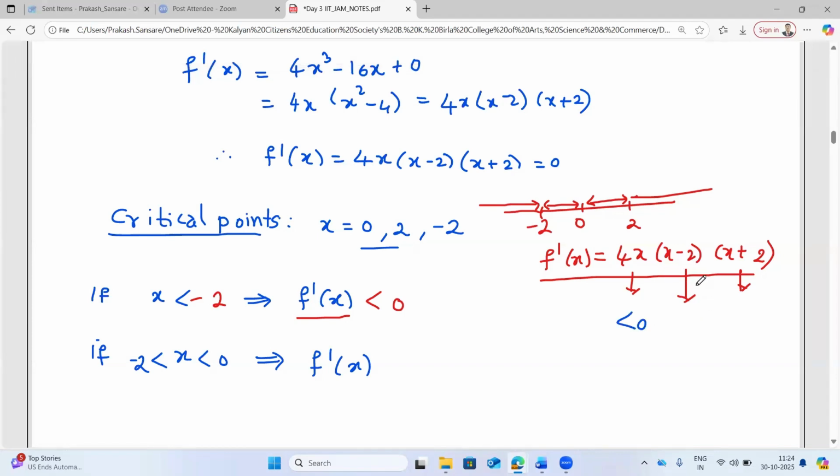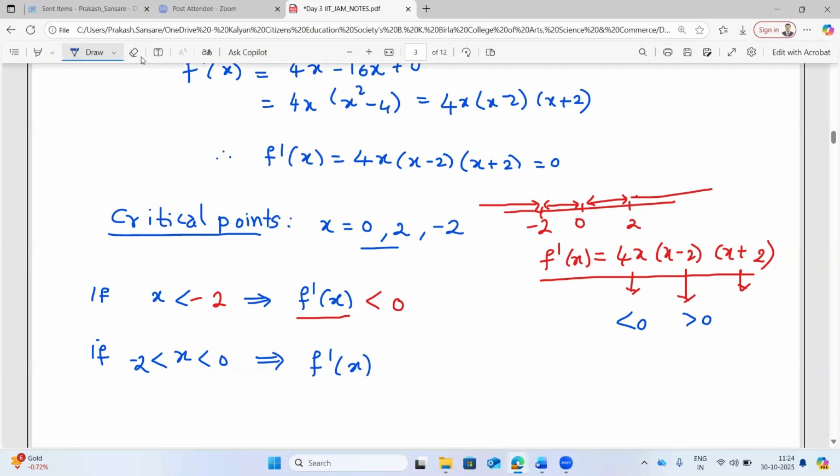X plus 2 will be positive. X minus 2 will be negative, and x plus 2 will be positive.